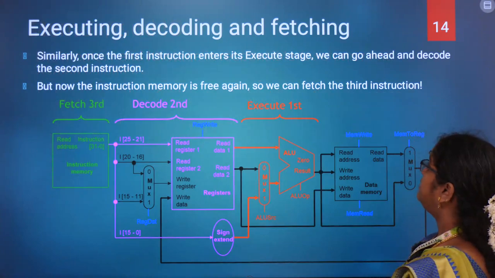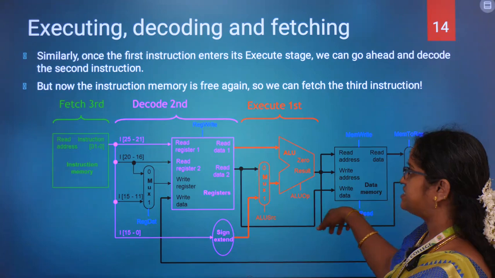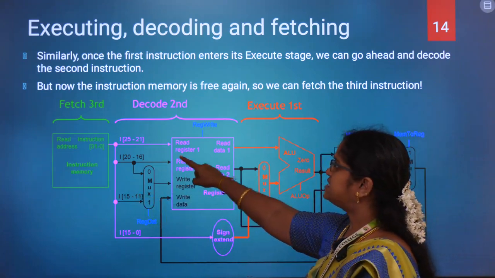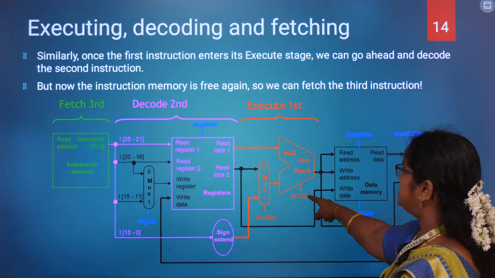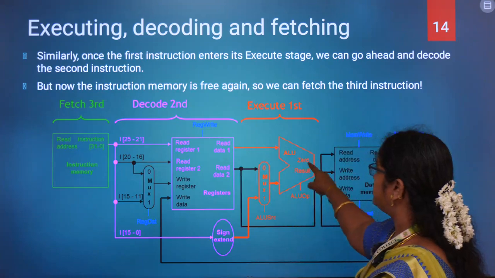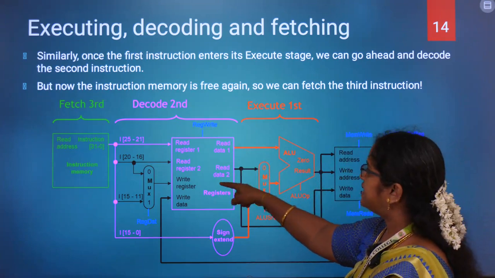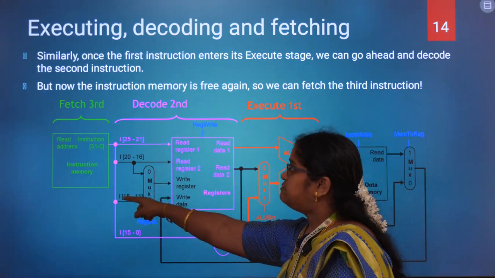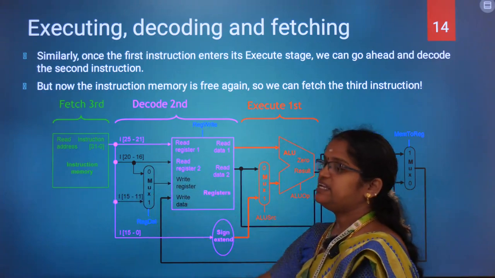Executing, decoding and fetching processes in this diagram. The first instruction, the second decode part, the third is the execution part. So the first instruction is in the execution part, meanwhile the second instruction is in the decode stage, and at the same time the third instruction is in the fetch stage.